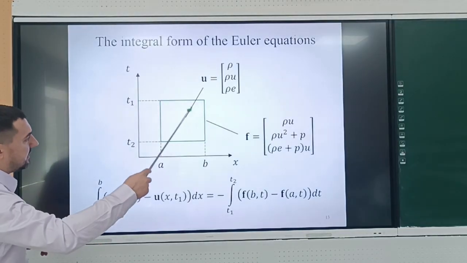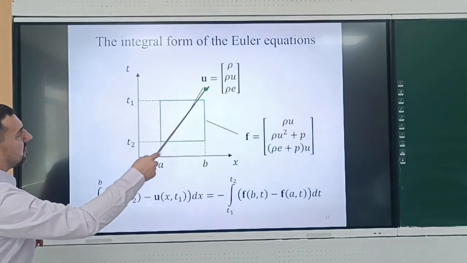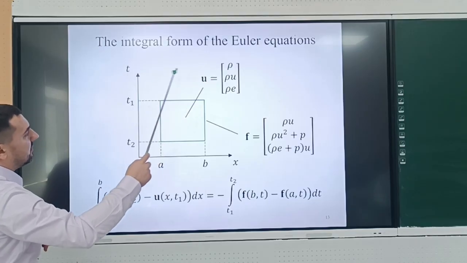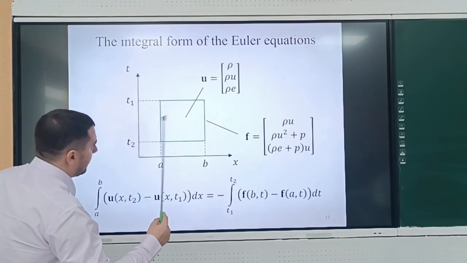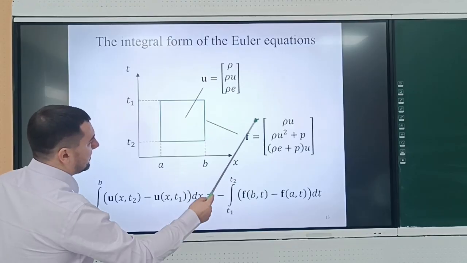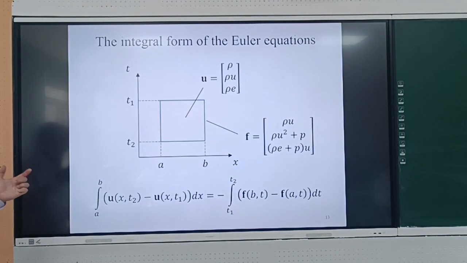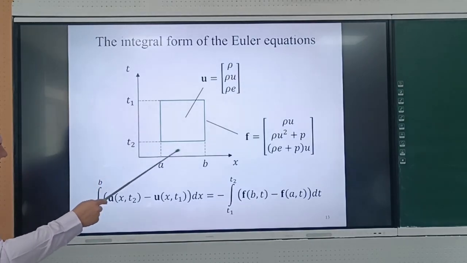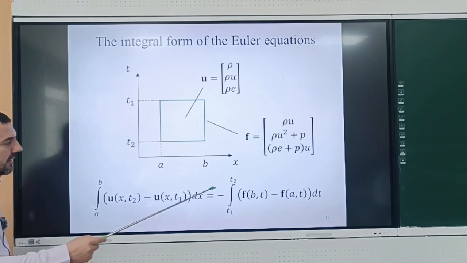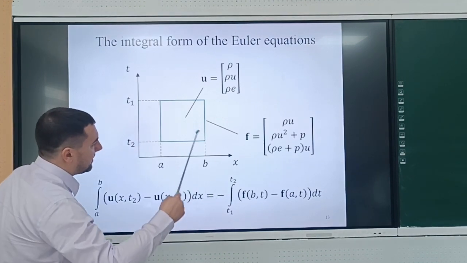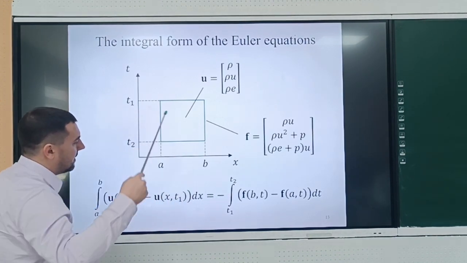And we know that inside this control volume there are values defined by the conservative variables vector, and there are fluxes through the boundaries. So flux is defined by this flux. And all mass, momentum, and energy conservation laws can be written as follows. So the integral from A to B of the difference of these quantities in this control volume is due to fluxes through the boundaries B and A.